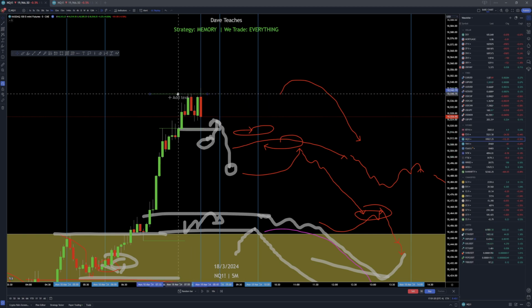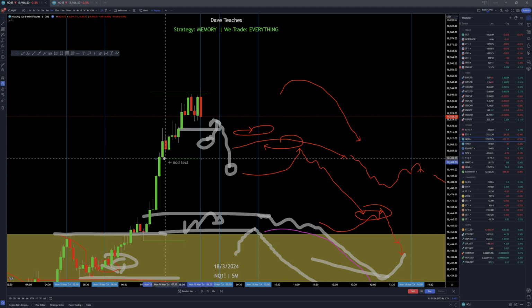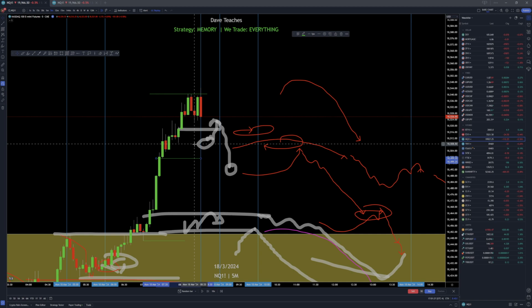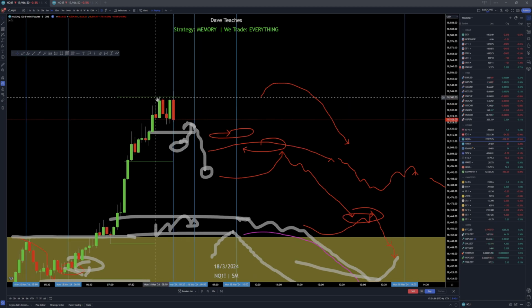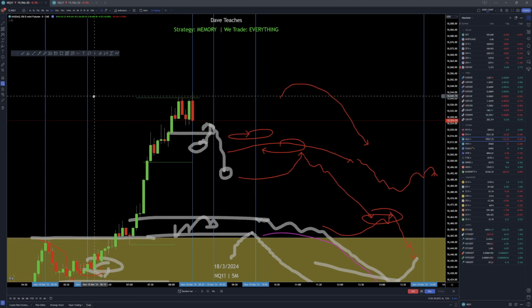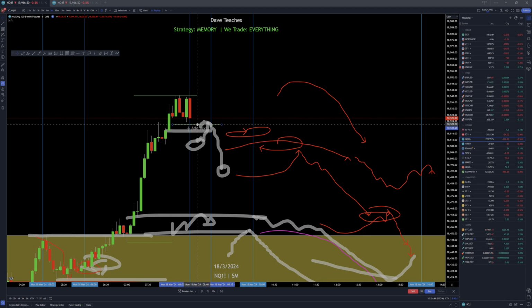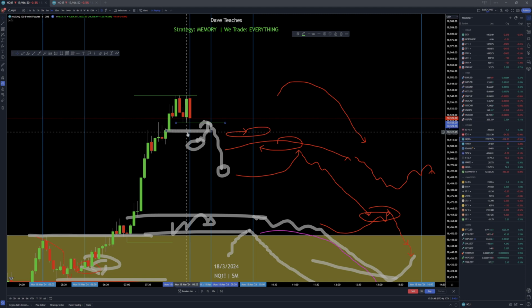That high was swept right here. This high to the left, this 8 o'clock high, 8:10 high, it was swept by 8:30. And this is that low there that put in that high.